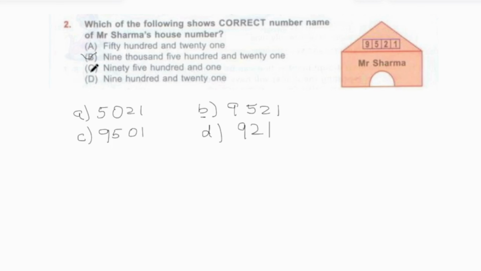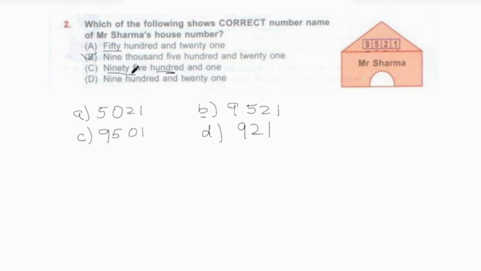But let's try to see if there is an elegant solution available for this question. If you see, option A starts with 50, which is not the number. Option C starts with 95 but has 100 here. But if you see, we have units, tens, hundreds, thousands position.